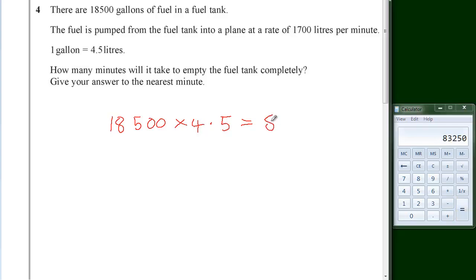83,250. And the next bit is, how many minutes will it take to empty the fuel tank? That's our total, 83,250, and every minute we're going to use up 1,700, so it's a division problem.